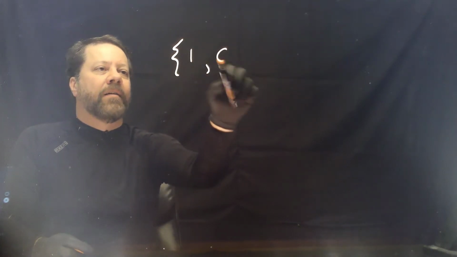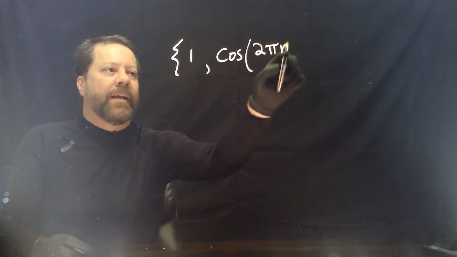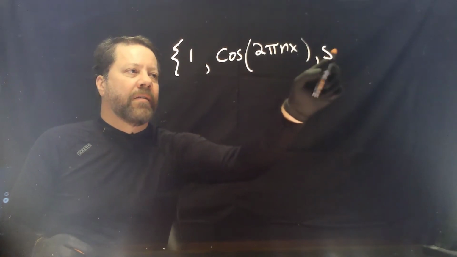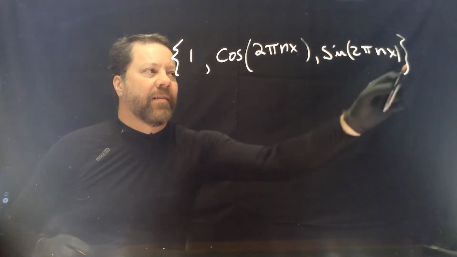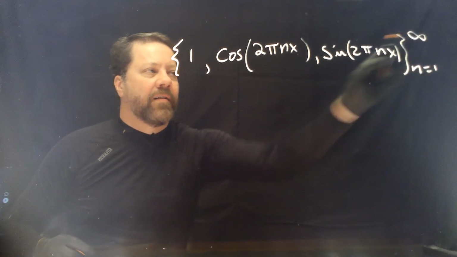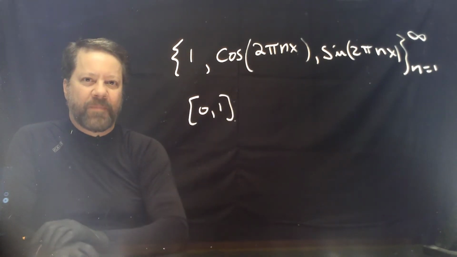In our last lecture, we looked at the Fourier basis 1, cosine 2 pi nx, sine 2 pi nx, but we were constrained to the interval 0, 1.